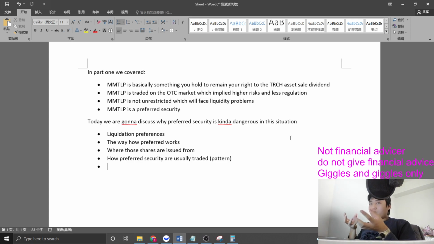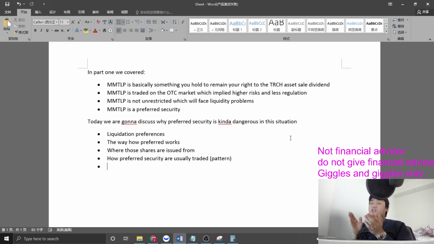That gives you an expectation of why they decided to do it on OTC, and the price cap means the price roof of MMTLP is limited, and MMTLP is restricted, which will face some liquidity problems later on.